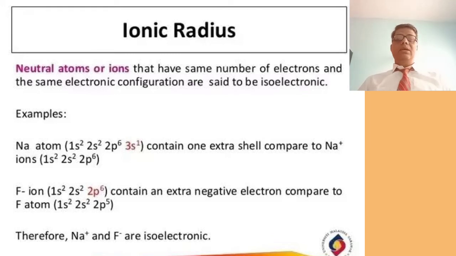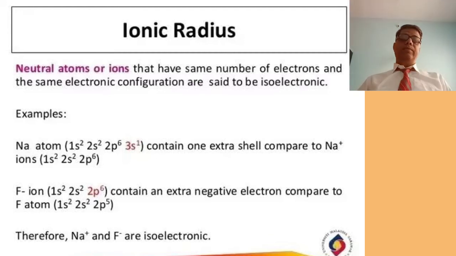But the actual nuclear charge of isoelectronic species is different, not the same. The number of electrons is the same, but the actual nuclear charge is different. So the radii of isoelectronic species vary according to the actual nuclear charge.